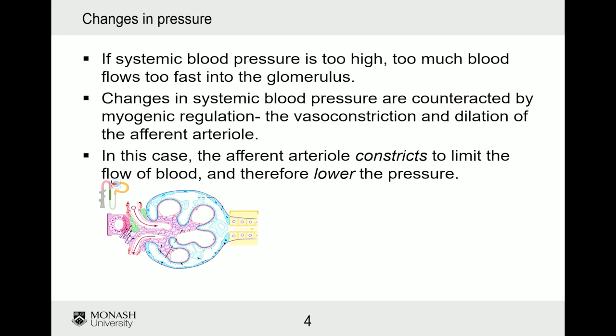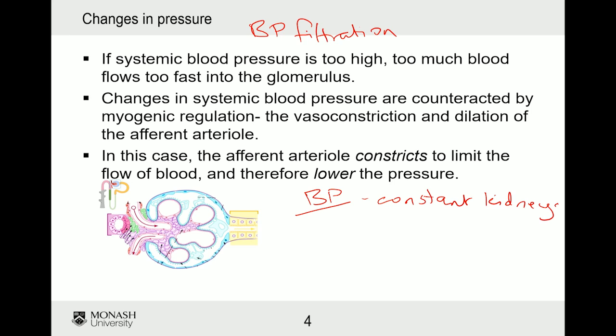So we've talked about the blood pressure and how important it is in filtration. What's also important about blood pressure is that it is relatively constant in the kidneys. This is so that the flow through the glomerulus is the right speed.